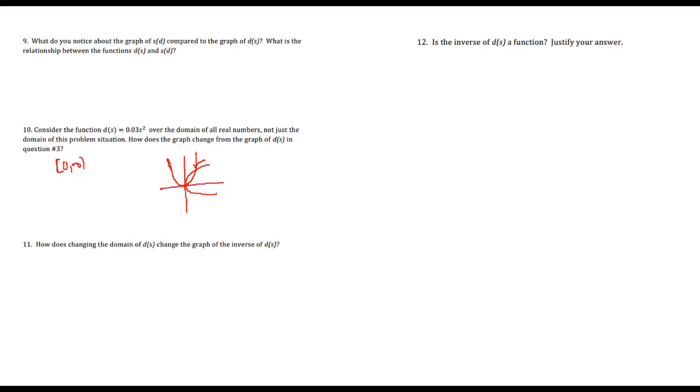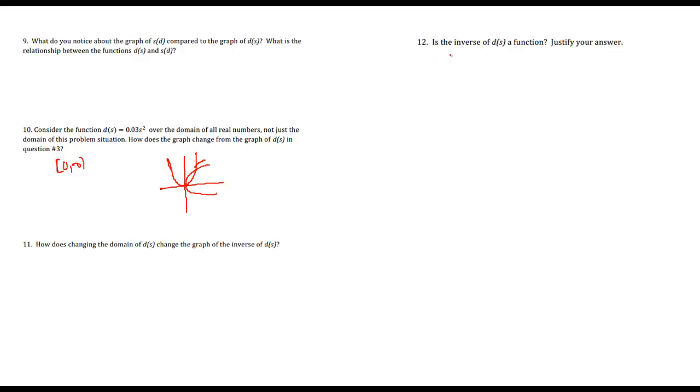The graph of the inverse now is a parabola. We just switch our x and our y-axis, so the graph now changes because before we just started at 0, 0 and went up like this. And now the graph of the inverse also continues on the bottom. Okay, it's a parabola on its side because we're just taking this whole thing and we're shifting it over.